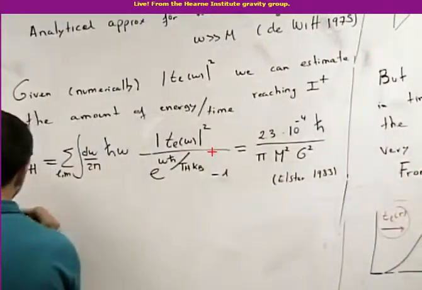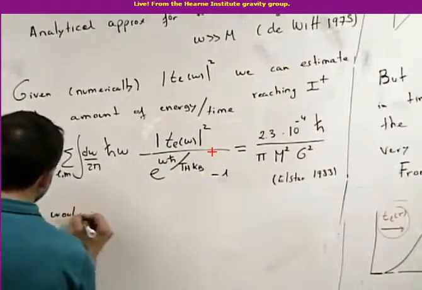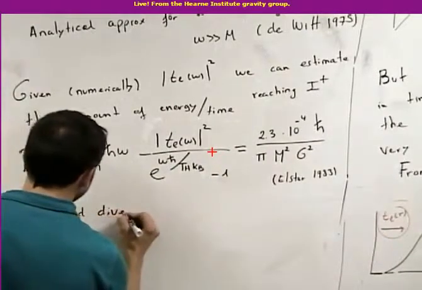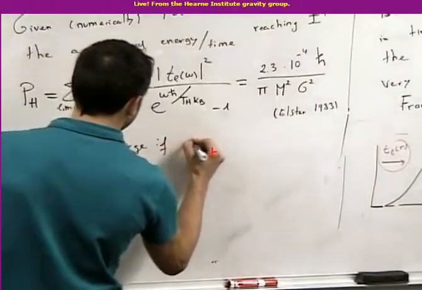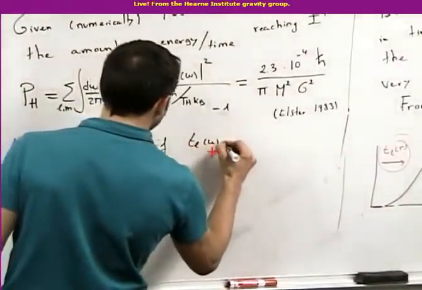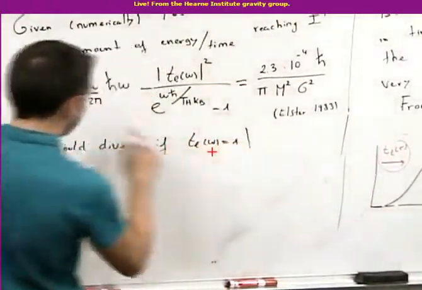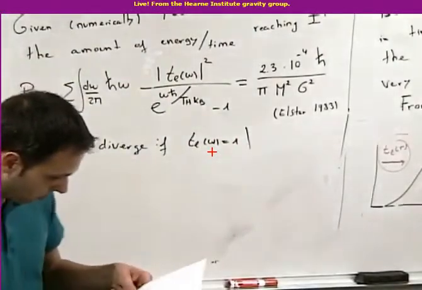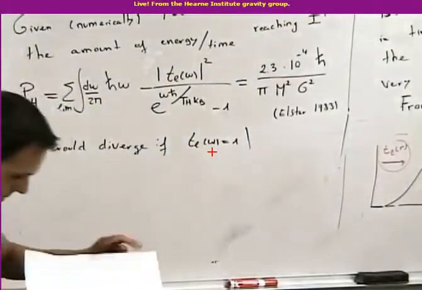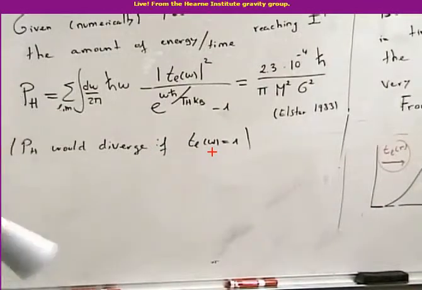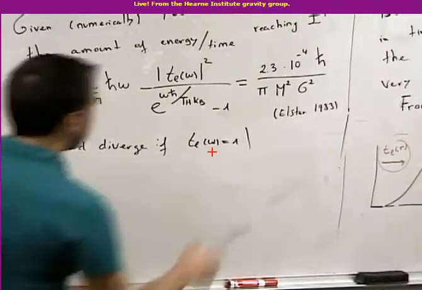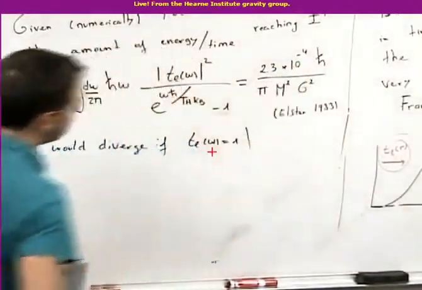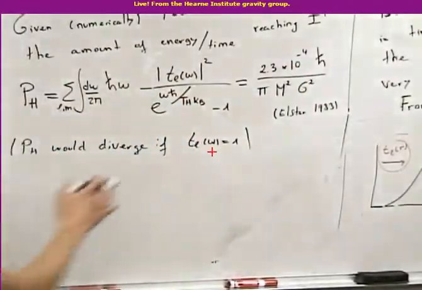As I said, this power could diverge if T_L is equal to 1, because the sum in L diverges. What is 2.3 times 10 to the -4? Numerically, correct.